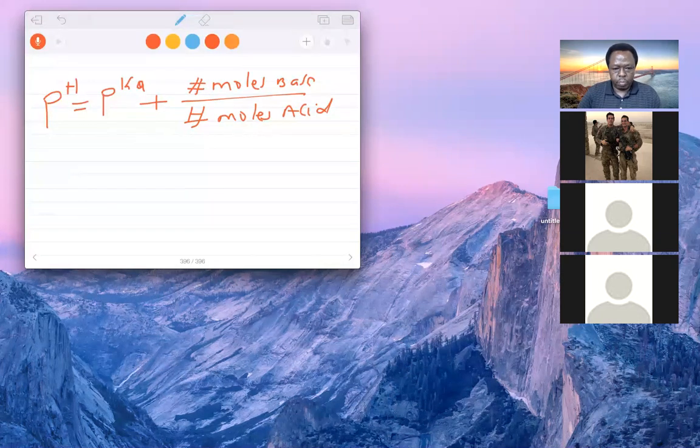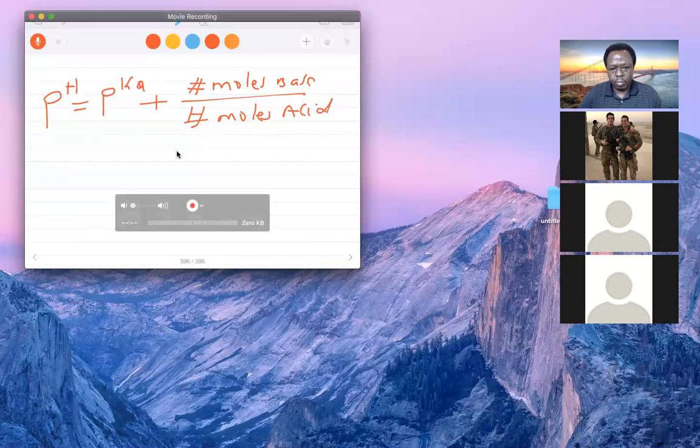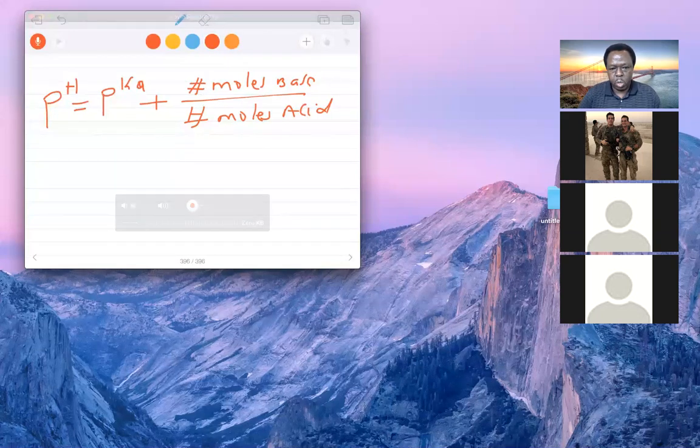Any question using this equation, before I move on to what we are going to do today? Do we take the log of the concentration?